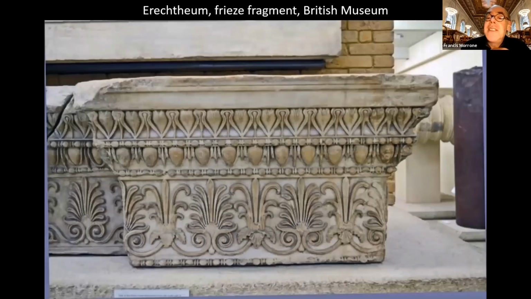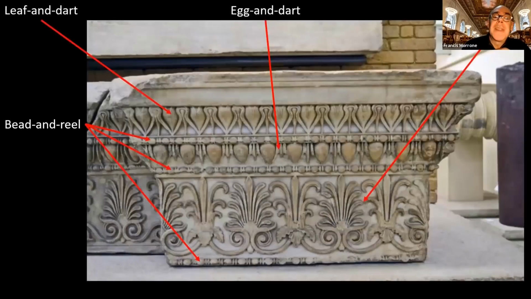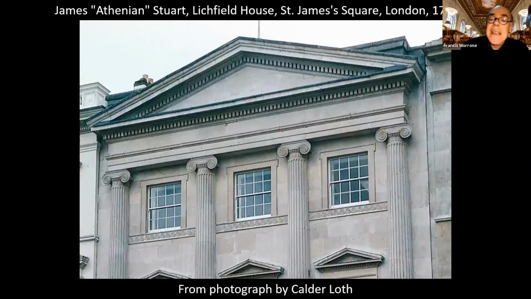This is a frieze fragment in the British Museum. And again, you see the classical moldings, the palmettes, the bead and reel, the leaf and dart, and the egg and dart moldings. And here we see that Athenian Stuart applied the Ionic of the Erechtheum to a house that he designed on St. James's Square in London, Lichfield House.